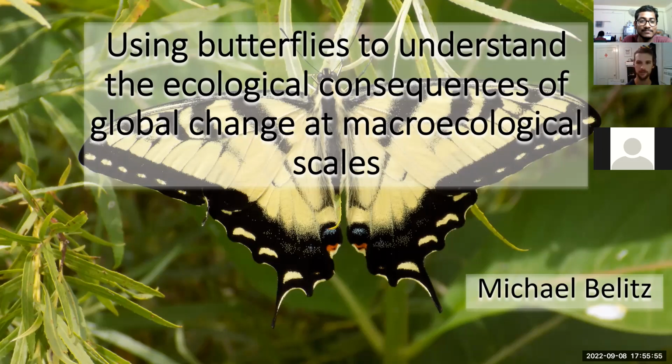First, I'm going to take some time to discuss how I got into biodiversity science, and then give a brief overview about the types of research that I do. And then in the third part of my talk, the last half, I'm going to focus on a specific case study looking at one research project.